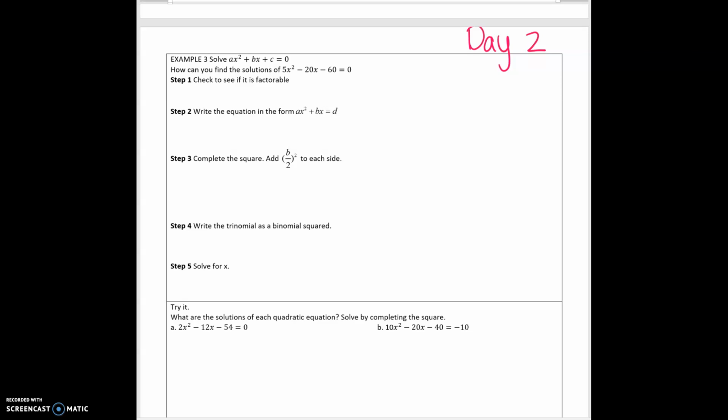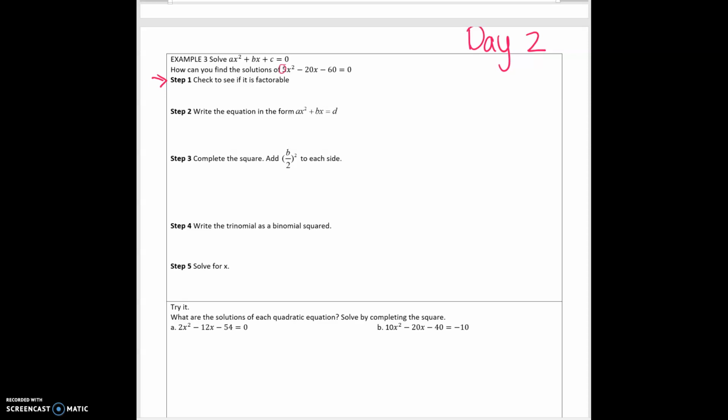So here we see how can you find the solutions of 5x squared minus 20x minus 60 equals 0. And on the previous video, we just had write this equation in this form. We're going to add a step right here to check and see if it's factorable. So we're going to see if the number in the front can go into everything.